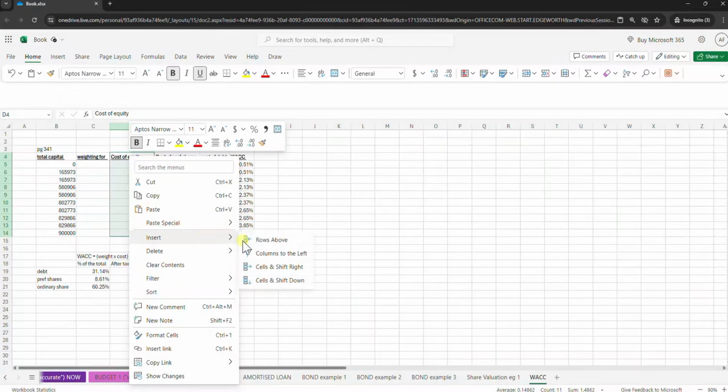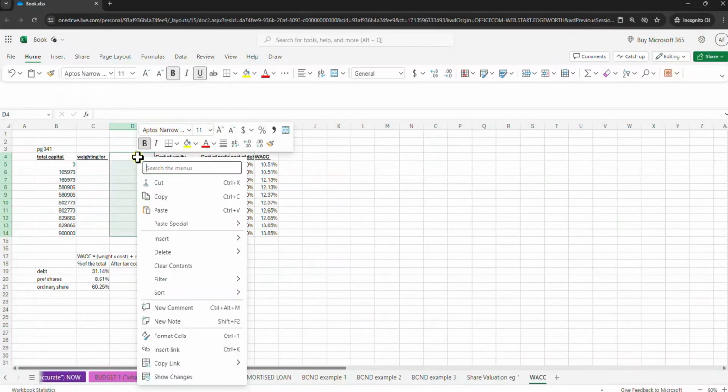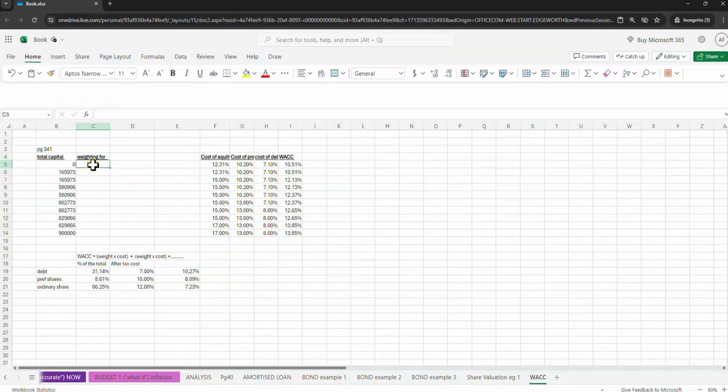Okay, and then you would multiply that using the formula. So weighting for equity. I see that's not given in that example.